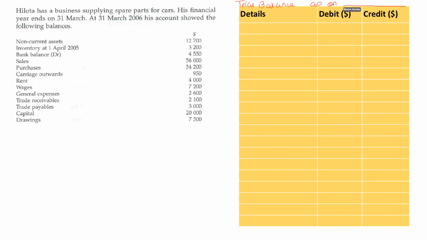Classify the debits and credits. Assets, expenses, losses, drawings are always debit. Another thing to note is that inventory in the trial balance is always the opening inventory.